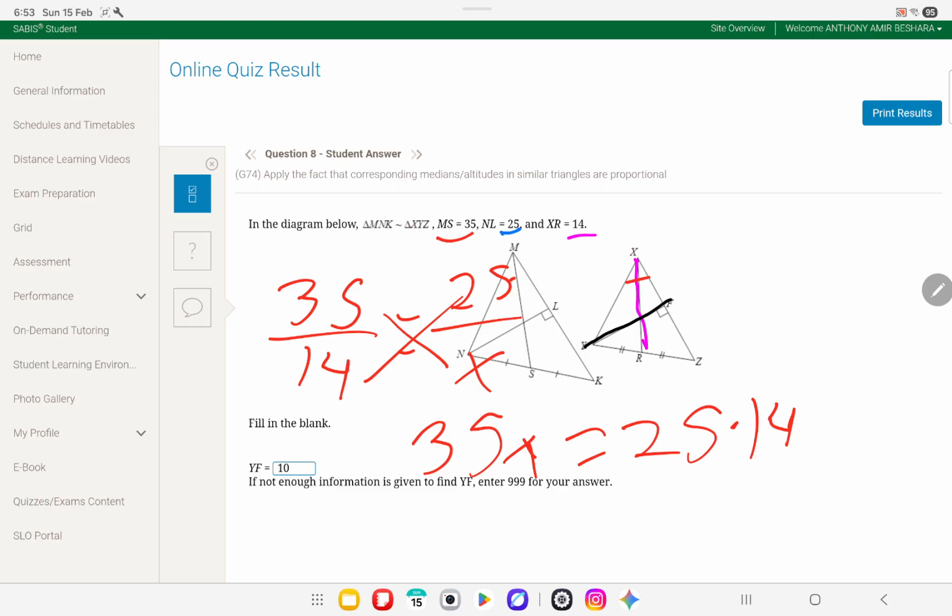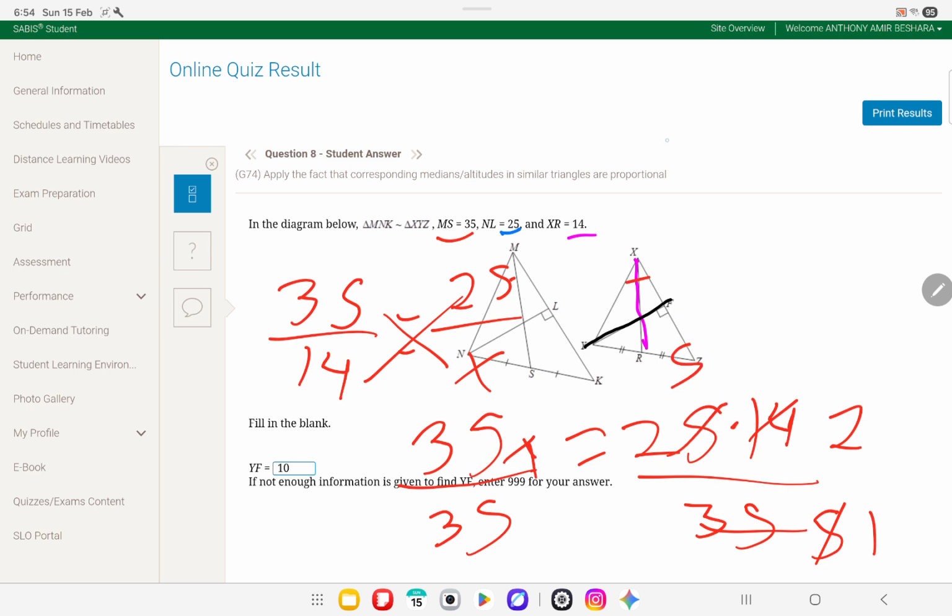Okay, so instead of multiplying and getting a big number and then doing long multiplication, what we can do is simplify. What can we divide up and down by? 35 we can divide by 7, it will be 5. 14 will be 2. Then 25 and 5, we can divide them both by 5, which will be 5 and 1. So x is equal to 5 times 2, which is 10.